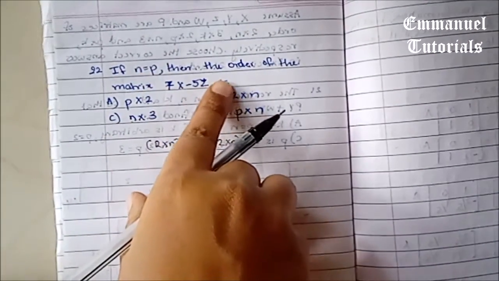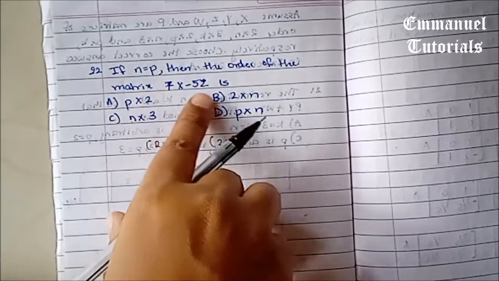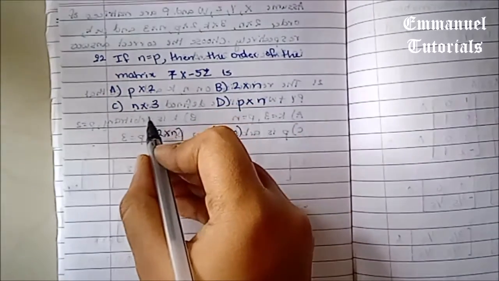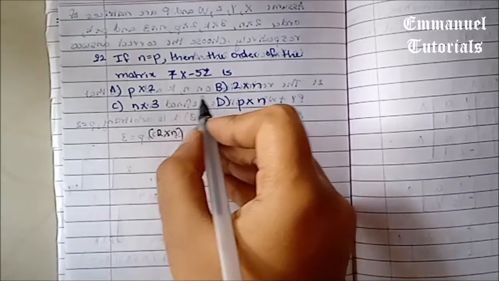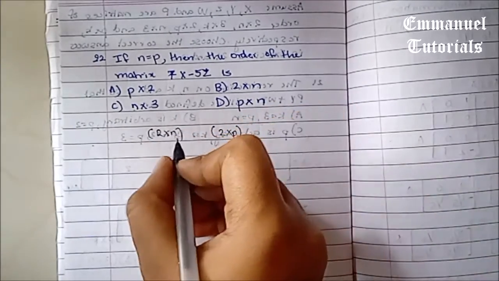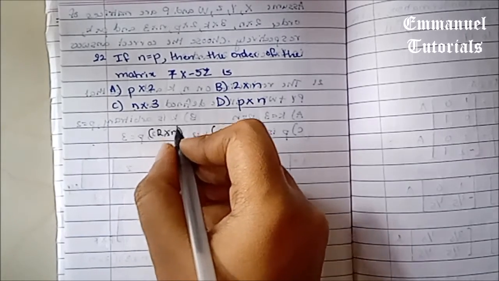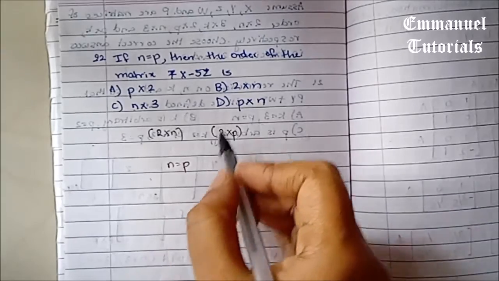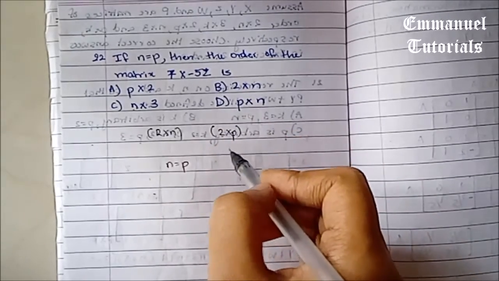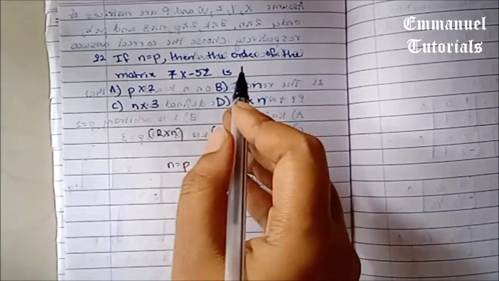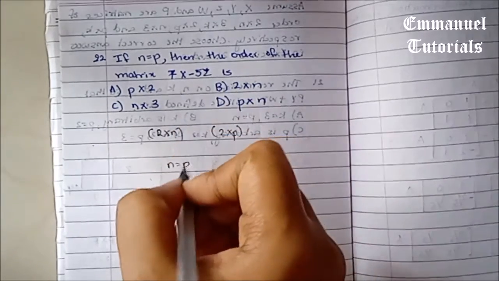If n is equal to p, then the order of the matrix 7X minus 5Z is. The options are A, p cross 2, B, 2 cross n, C, n cross 3, and D, p cross n. Now, the number of rows and columns of the first matrix, that is X, is 2 cross n, and of Z is 2 cross p. For subtraction, the condition is that the number of rows and columns of the first and second matrix should be the same.